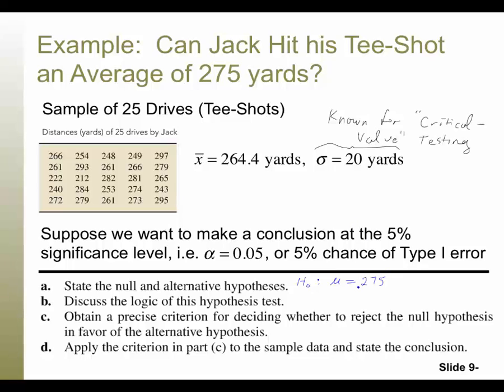Do you see the difference between what this number is and the 275? 275 is our hypothesis about what his true mean is. This is an actual sample mean, right?